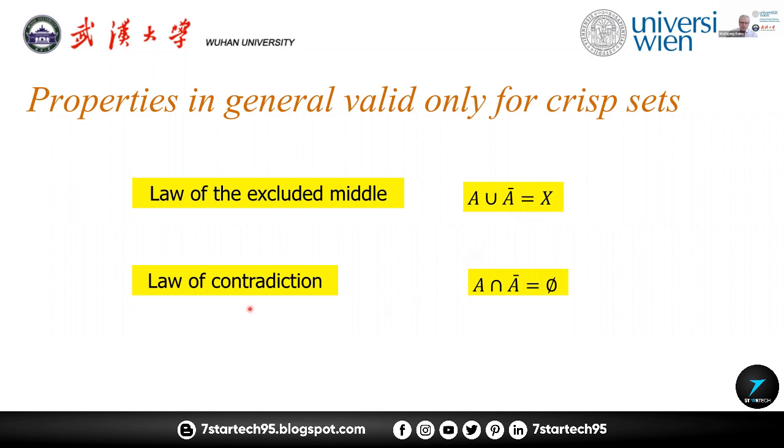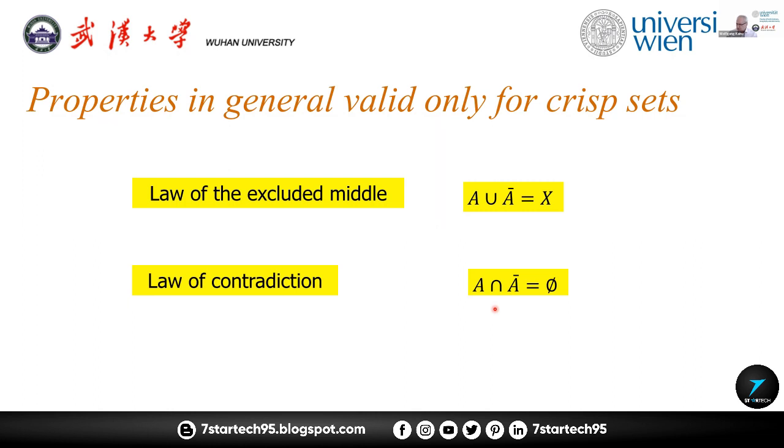And the law of contradiction means A intersection complement of A is the empty set. So if you take a set and its complement and take the intersection, of course, this intersection is empty. But these laws are only valid for classical sets. They are not valid for fuzzy sets.